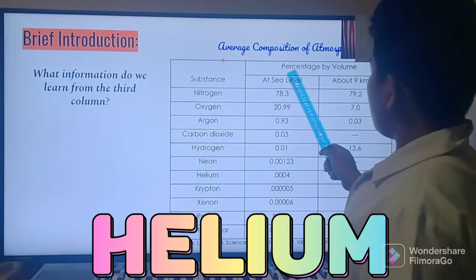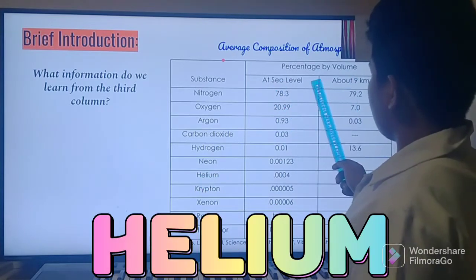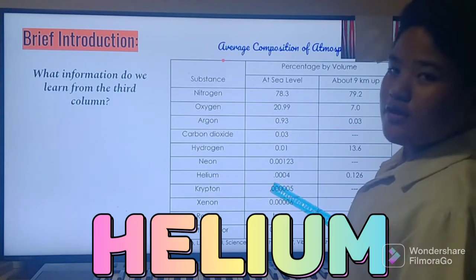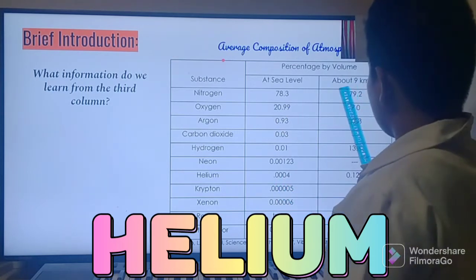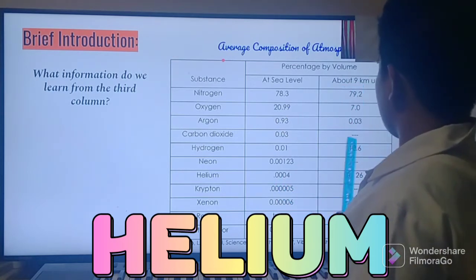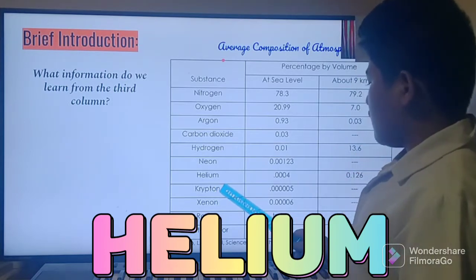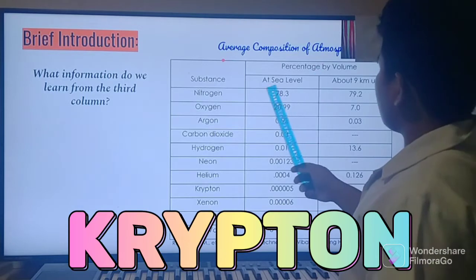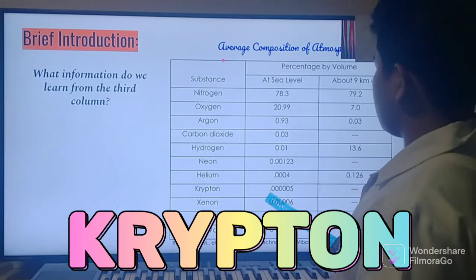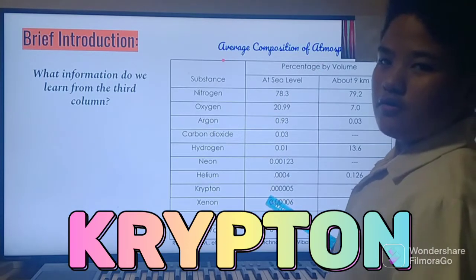Helium, percentage by volume at sea level is 0.0004 and about 9 kilometers up is 0.126. Krypton, percentage by volume at sea level is 0.00005.